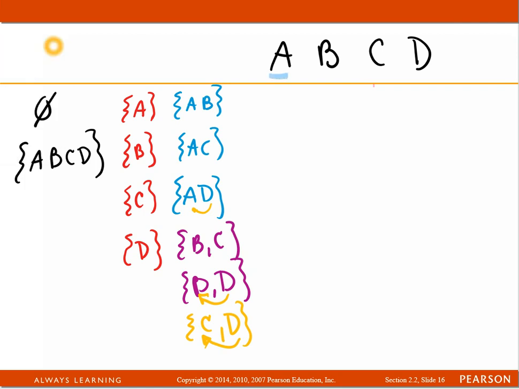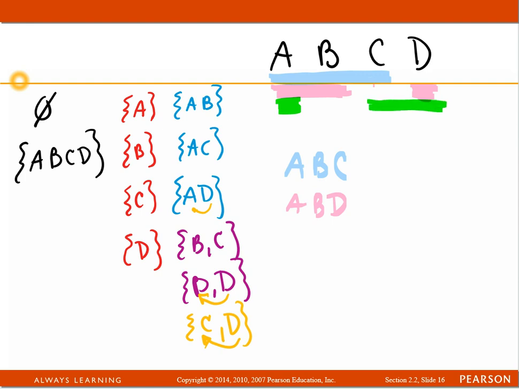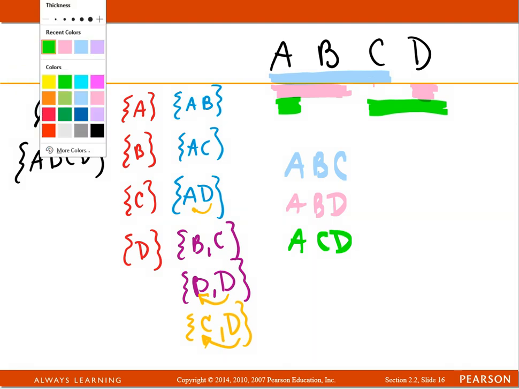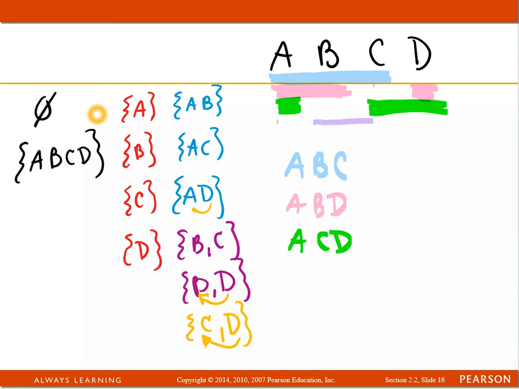I would start with A, B, and C. Then I would go to A, B, and D. Then I would go to A, C, and D. And then the only one that you have left is B, C, and D.